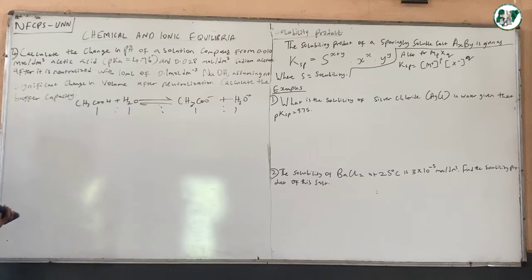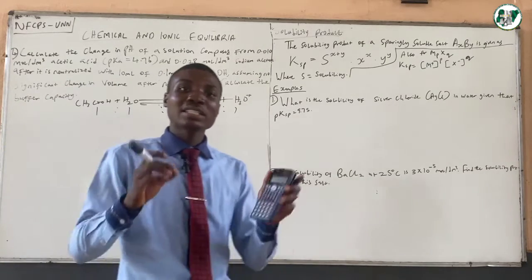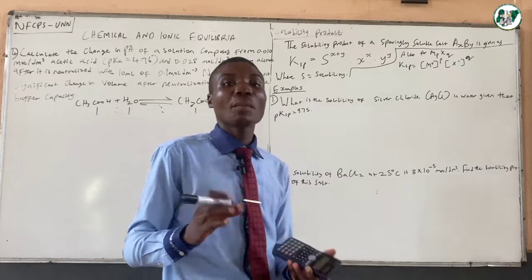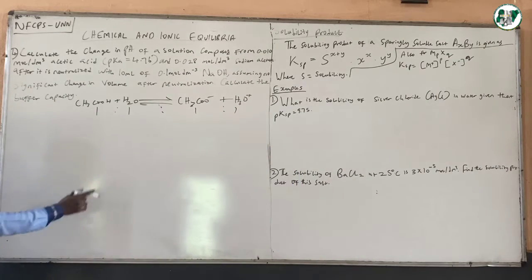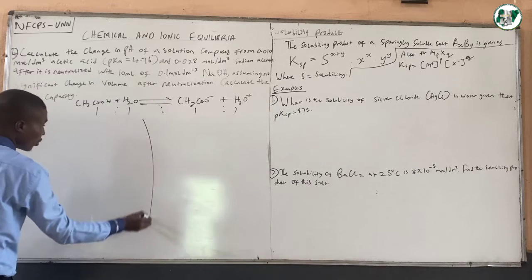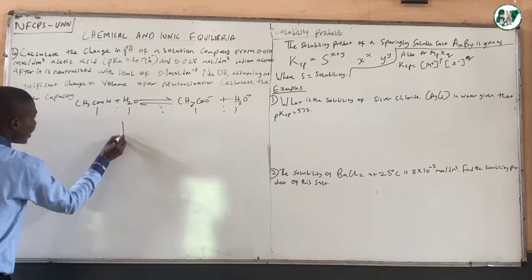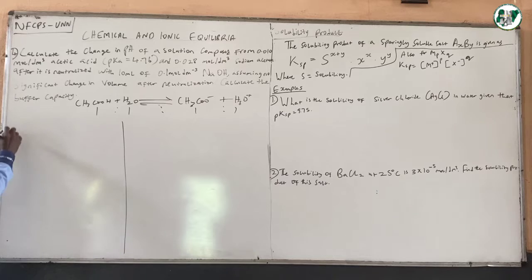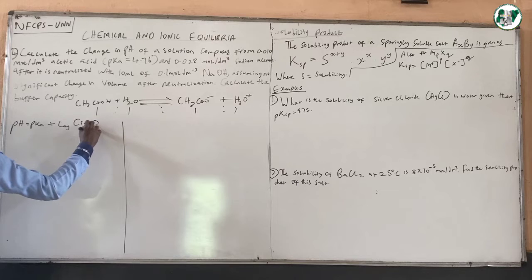So the first thing we're going to do, as always, is to calculate the initial pH of the solution. So let us calculate the initial pH for this particular solution, and then we're going to work with the ICE table. So we say pH is equal to pKa plus log salt over acid.